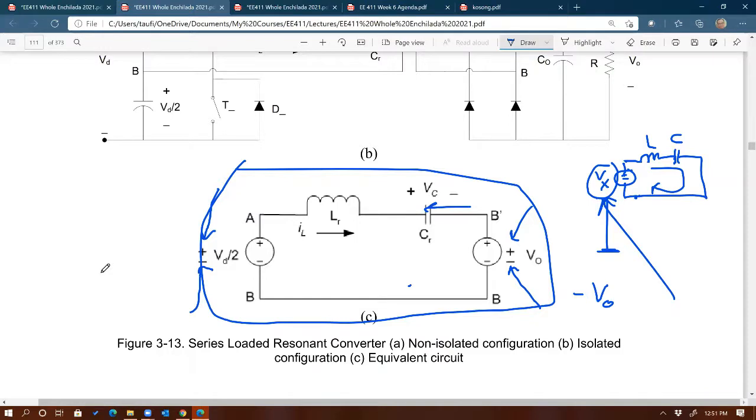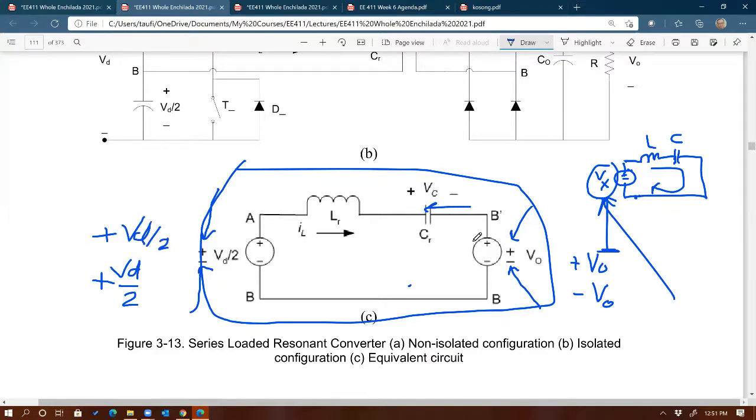The source is still plus VD over 2, because as long as T plus or D plus is conducting, AB will be plus VD over 2. But B prime B, when we have negative current, will be minus V out. So before it was plus V out. Right here, I'm going to put before and after. Before, when T plus is conducting, right there.